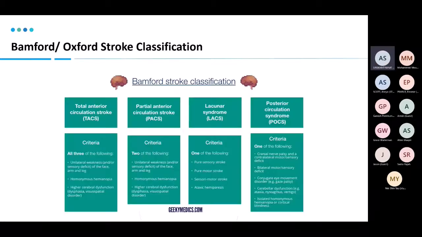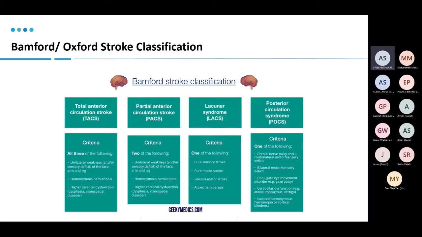Just to make you aware, you don't need to know too much of this right now, but there are two different criteria which they use to classify strokes. The Bamford or Oxford stroke classification tells you this, and the next one I'm going to go through tells you the prognosis for the patient after a stroke.